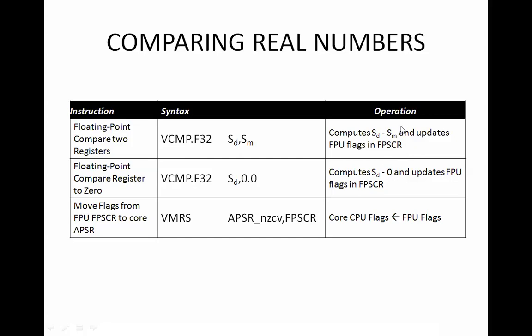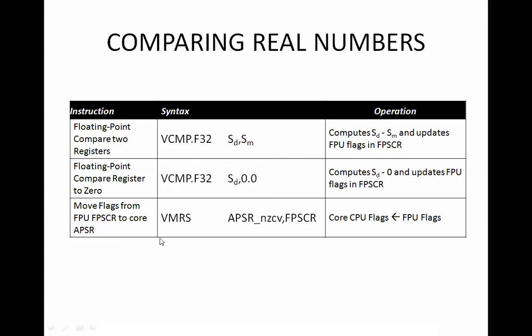I will show you these flags as well. Next, the floating point compare register to 0. Whenever compare is there, we do SD minus 0, and it updates the flags.